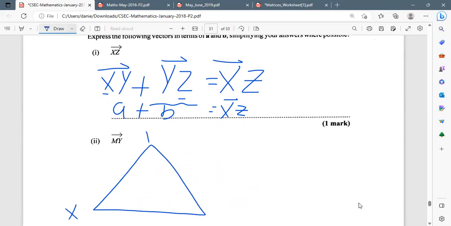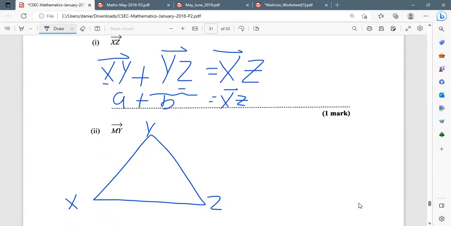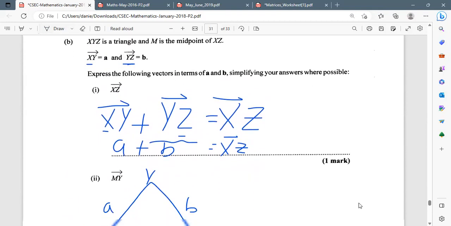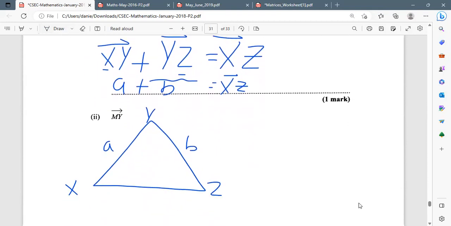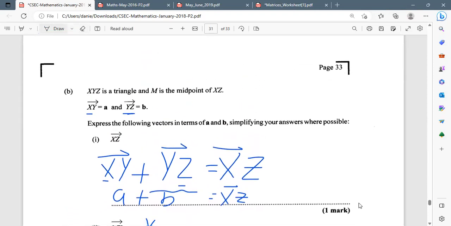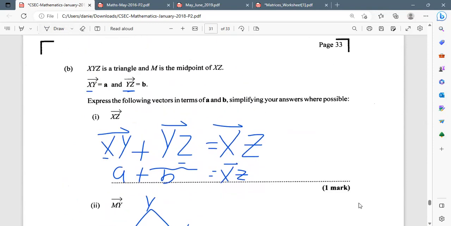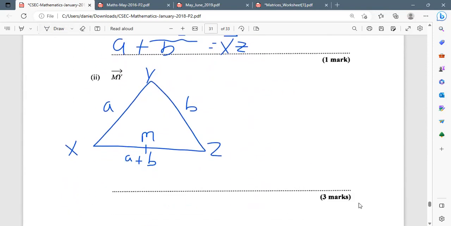We have X, Y, and Z. XY is A, YZ is B, and X to Z, which we just found, is A plus B. The question said that the point M is the midpoint of XZ, so halfway through, we have M. If we try to get an equation that has M in it, we can actually manipulate it.